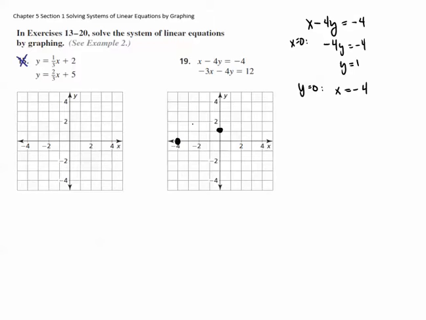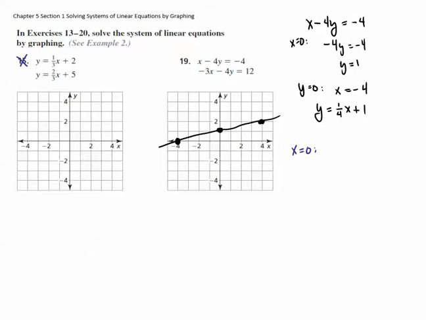And from this we can see we have a slope of up 1, right 4. We have a slope of positive 1/4. y is equal to 1/4 x plus 1. So that would be the equation in slope-intercept form. Doesn't really matter that we have that, but we're looking for the place where the two graphs are going to intersect. In the second equation, we set x equal to 0.